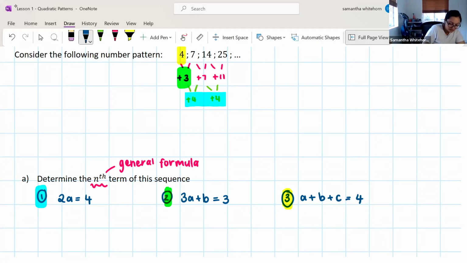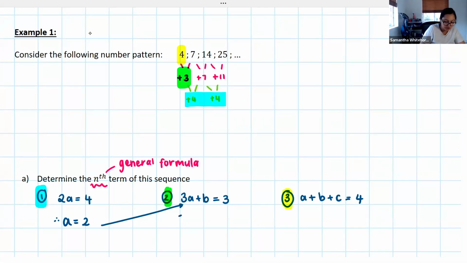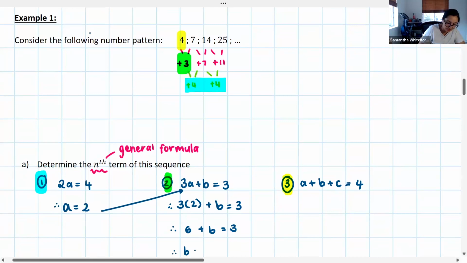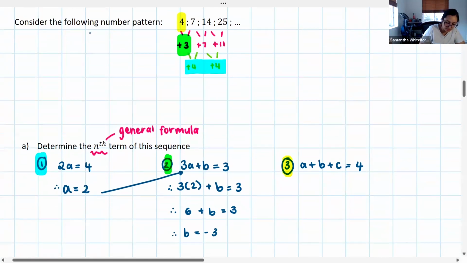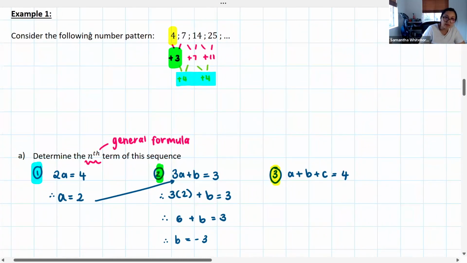Okay, so nice and easy, a is equal to 2. Once you know what a is, you're going to substitute it into the next equation. So this would be 3 times 2 plus b is equal to 3, which means 6 plus b is equal to 3. And so b is equal to -3 because we subtract 6 on both sides. And then again, same thing. We're going to take the values of a and b that we've already found.